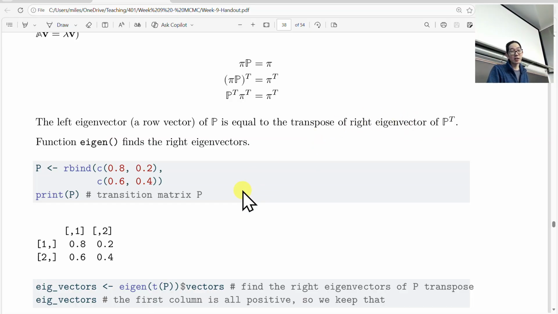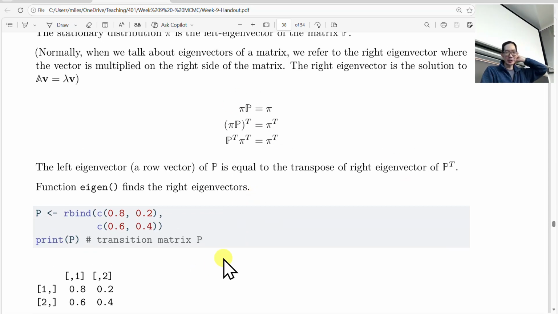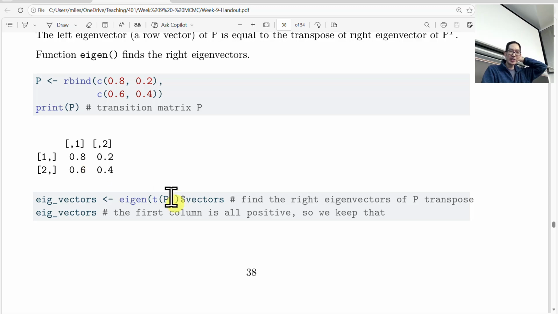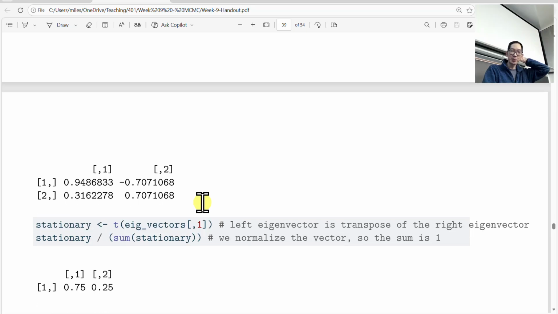I'm sorry, the left eigenvector is equal to the transpose of the right eigenvector of P transpose. Okay, sorry. So basically, I take P, I transpose P, I get the eigenvectors of that, and then I transpose those back.